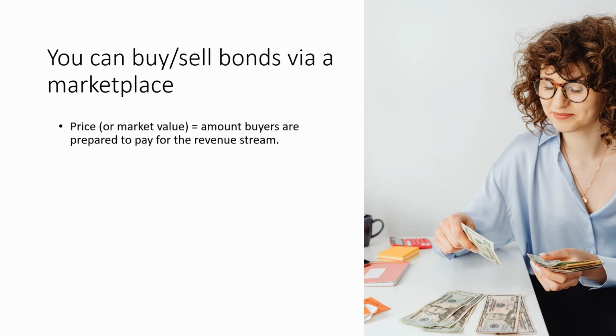In financial mathematics, we often contrast the market value, which is what something is truly worth if you were to sell that in the open market, against the theoretical value, which we often call the nominal value. So hence the name nominal value as an alternative name for the face value of a bond.